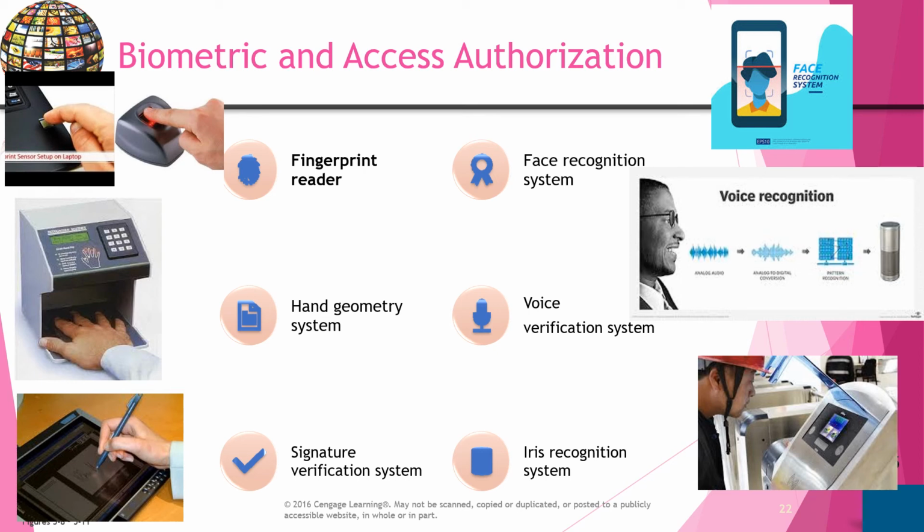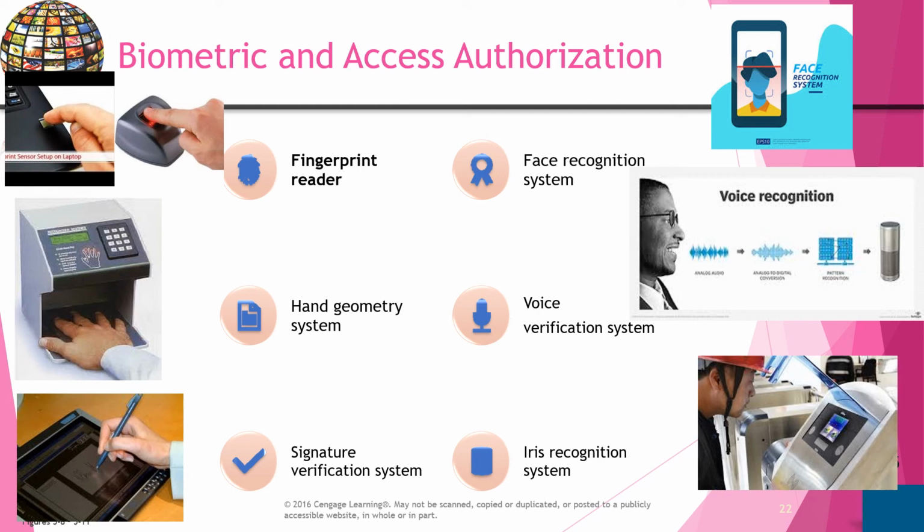Okay, biometric devices can be using fingerprint, as an example there. If it doesn't use a finger, it can use the whole hand geometry system as shown in the picture. Signature is also part of biometric system.